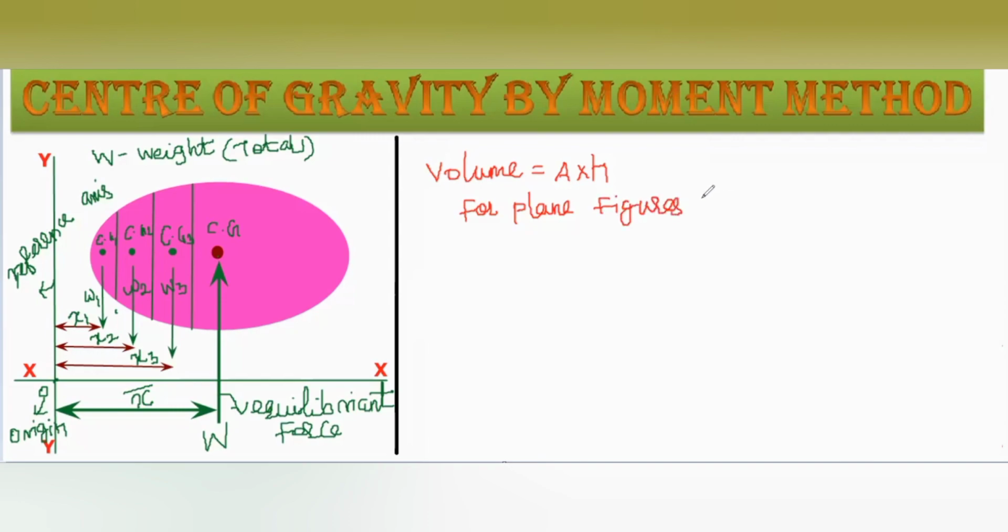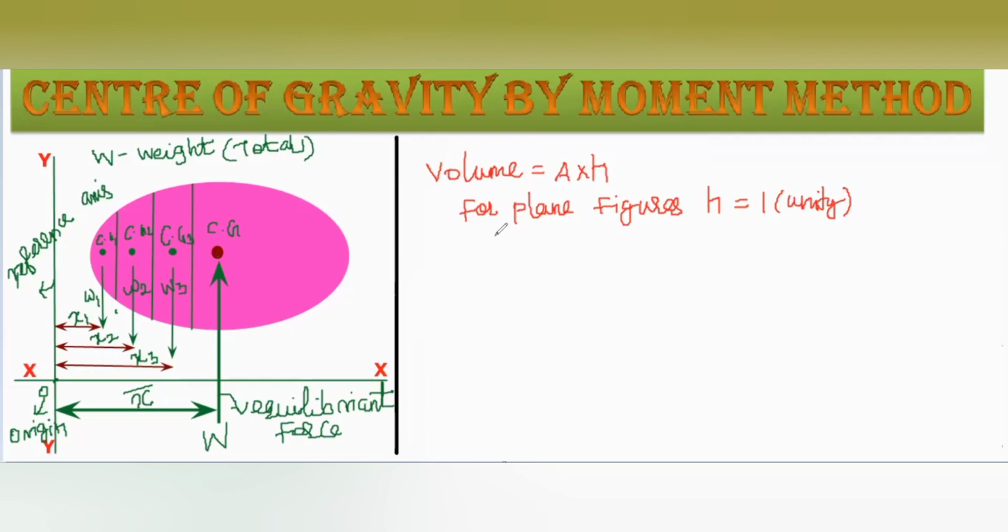For plane figures, h equals 1. It means unity. This is because for plane figures, the third dimension, which is perpendicular to the plane of the paper, is considered as unity.